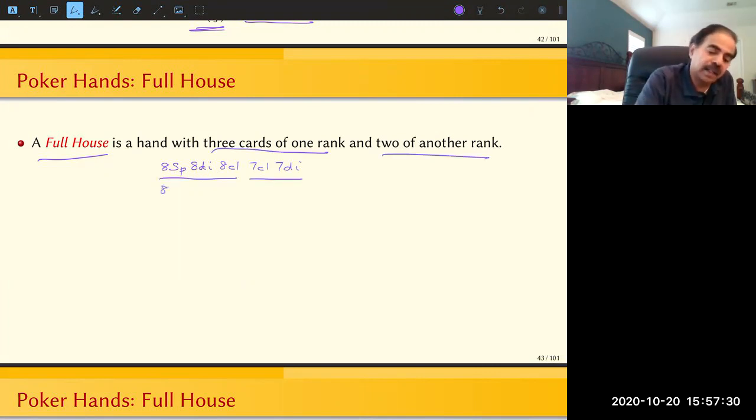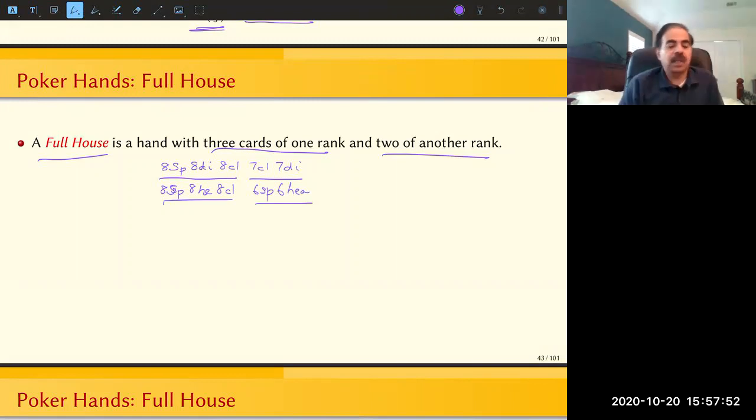And of course, you could have had 8 of spades, 8 of hearts, and 8 of clubs, and 6 of spades and 6 of hearts, and that's also a full house, right? So essentially you pick the rank for the one that's appearing 3 times, the rank for the one that's appearing twice, and then you go from there.